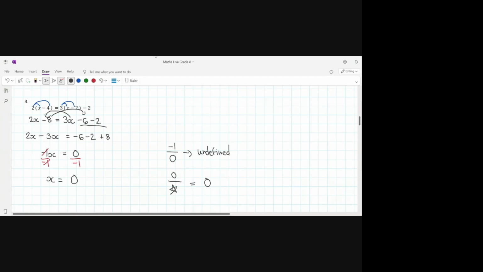So if the 0 is on the top, then the answer is 0. But if the 0 is at the bottom, if it's my denominator, then my answer is undefined. Can I get a reaction? Thumbs up. Is everybody okay with that? Okay, it's very important that you remember because it's going to come up again.